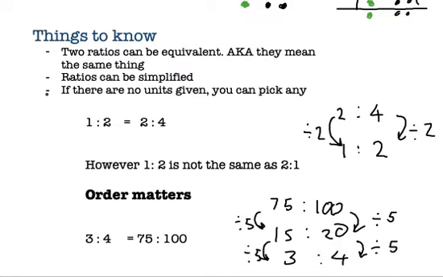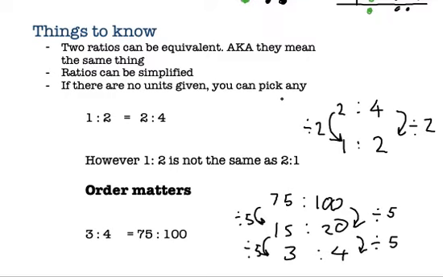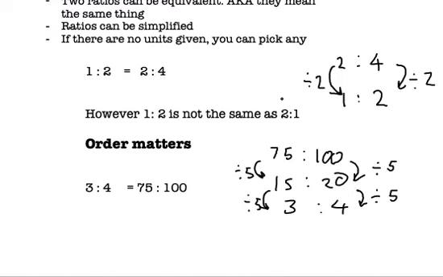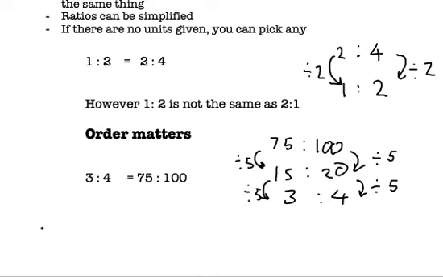Now, the last point I want to let you guys know, if there are no units given in a ratio, which usually we don't, we can pick whatever unit we want as long as it's consistent. And preferably pick one that suits your question. Okay? So let's do an example. Let's say on a map, they give me the ratio 3 to 4. Okay, that means for every 3 centimeters on the map, it shows 4 centimeters in real life.